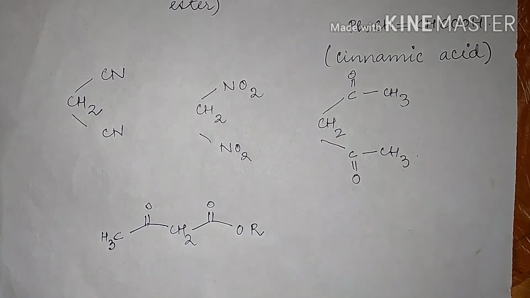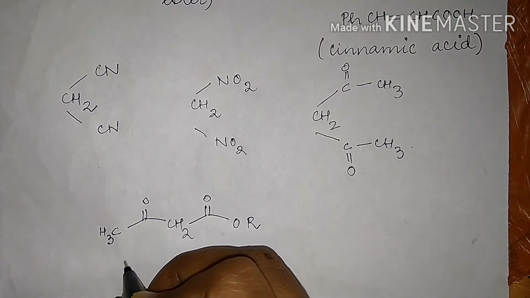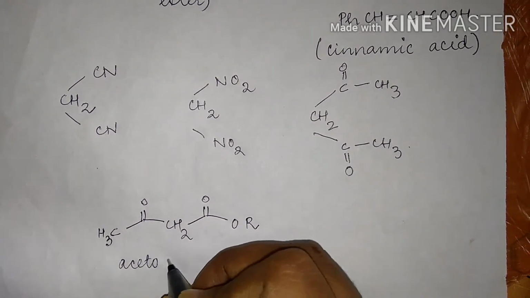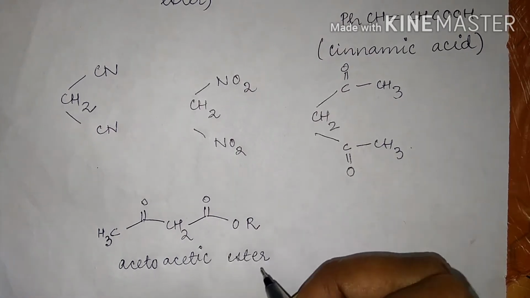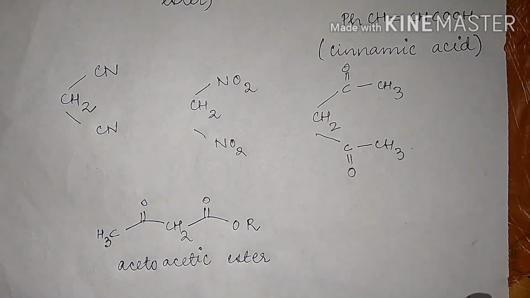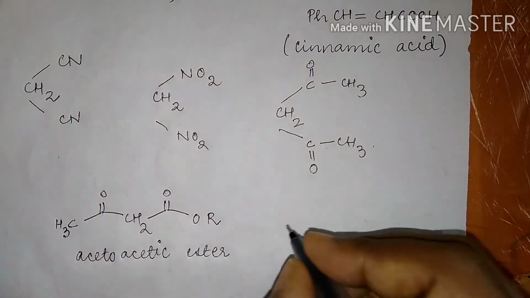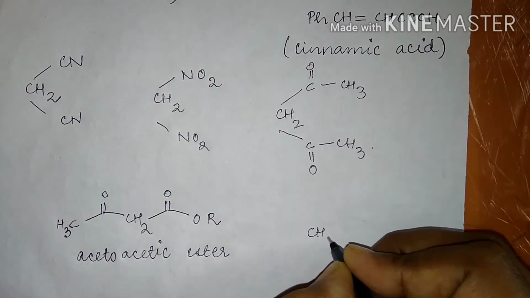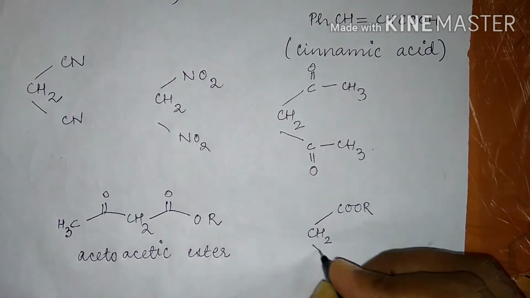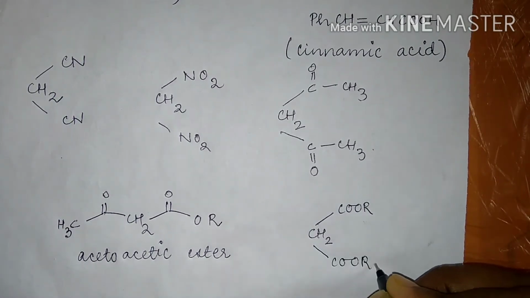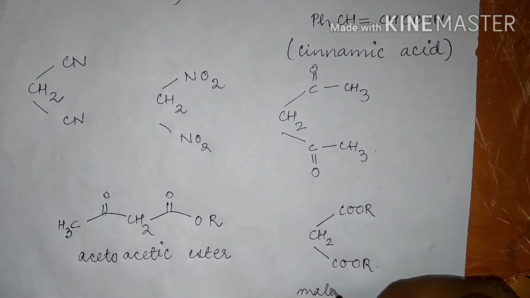This R can be any alkyl group, so this is known as acetoacetic ester. Now let us have a look at malonic ester. Malonic ester has the formula CH2 with COOR and COOR. This is our malonic ester.